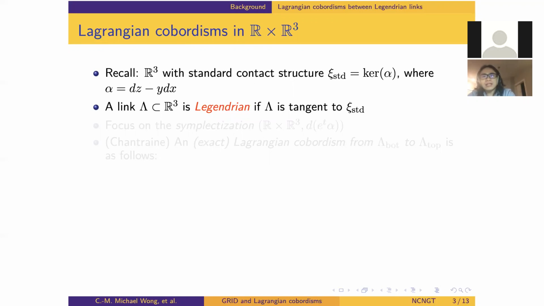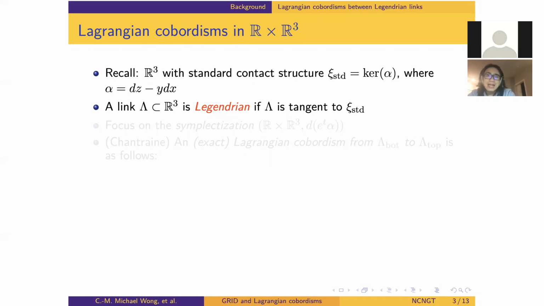So recall that in R^3, the standard contact structure is given by the contact one-form alpha, which is dz minus y dx. And if you recall, a contact structure is a maximally non-integrable two-plane field. And here it's given by the kernel of alpha.